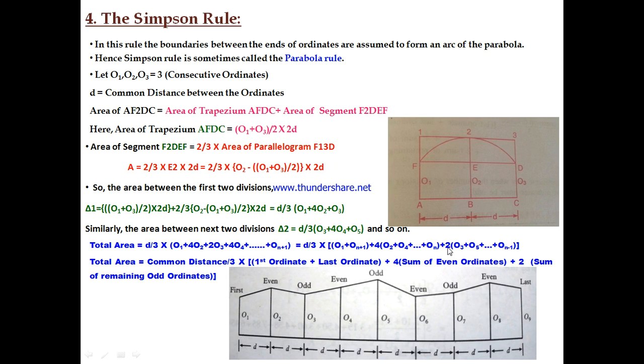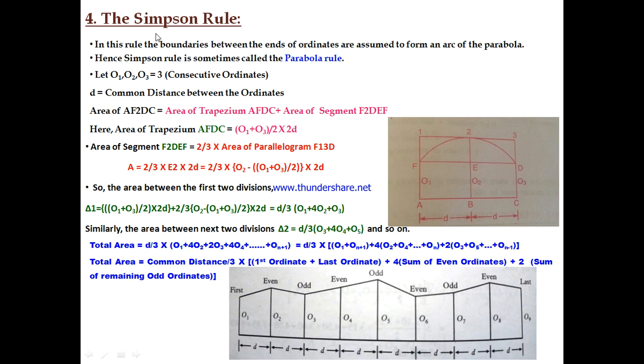We take common 2 outside, and all the odd ordinates are there, 3, 5, 7, 9, O(N minus 1), and in this bracket you have the even ordinates, for example O2, O4, O6, O8.